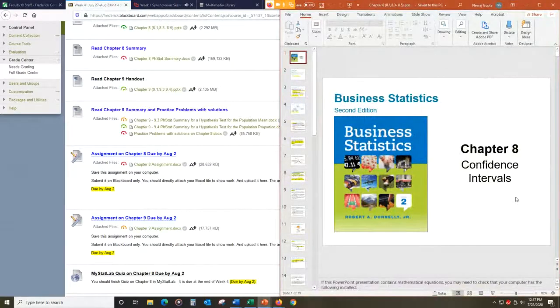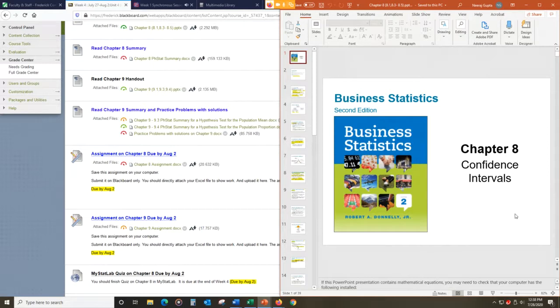Chapter 8 PowerPoint slide. So I'm going to point out a few important concepts for you to understand what exactly confidence interval means, what are the terms we are using, and what those terms mean so that you have a better understanding, and then you can read the PowerPoint slide in detail to have more in-depth knowledge of the concept. Okay.